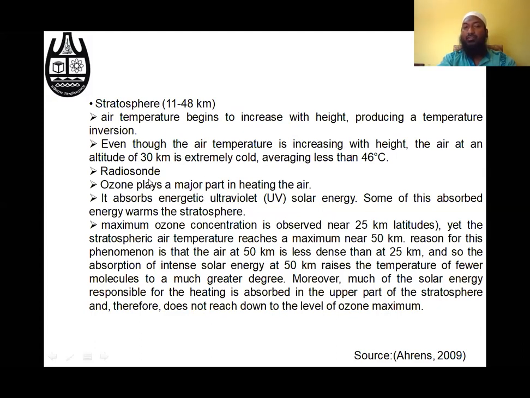It has a major role in here, and within this layer, the air temperature is increasing up to 48 kilometers.